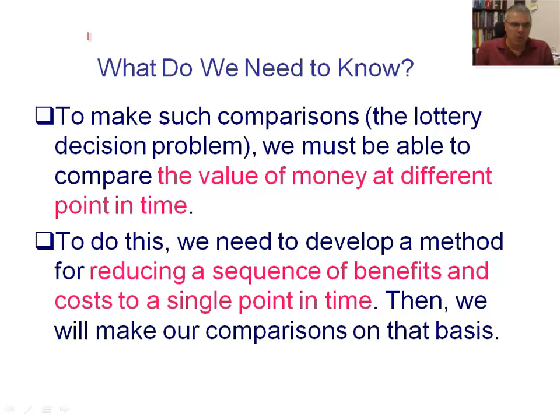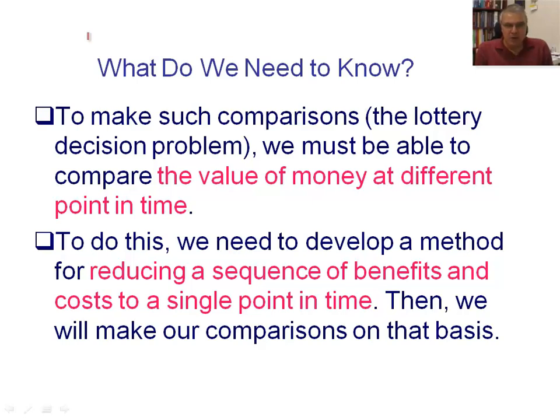We need to know the value of money at different points in time, because we want to know 25 years from now how much the 7.92 that they collected per year would be worth. So to do this, we need to develop a method for reducing a sequence of benefits and costs to a single point in time.